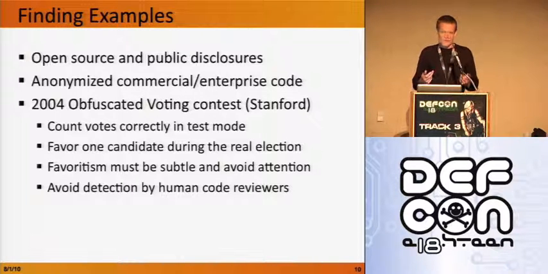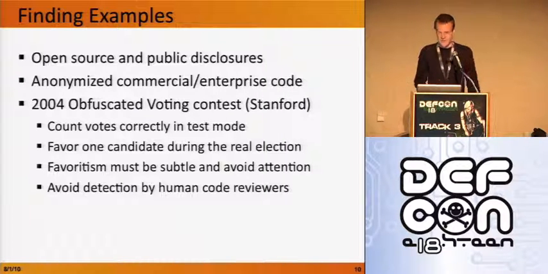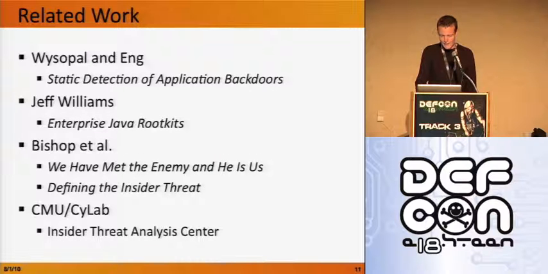So in this case, we had 40 or 50 strong programmers come in and try to circumvent a review, try to keep auditors from finding their insider code, their time bombs or whatever it might be. And we found that this was a great example of the techniques that programmers are likely to use to try to avoid detection. So between these three sources, we've come up with the examples that we'll talk about today.